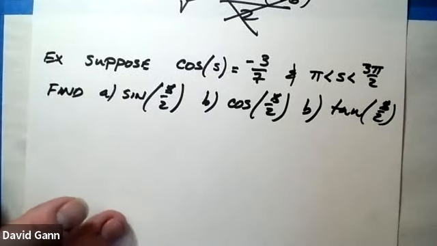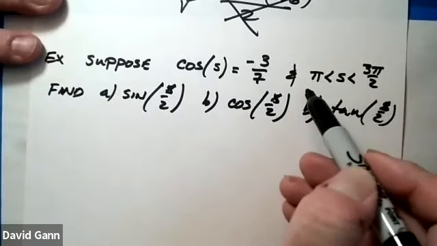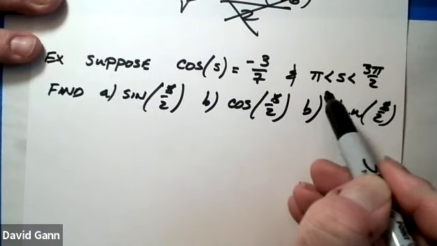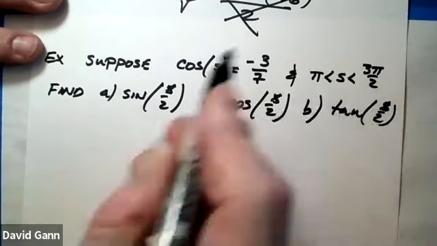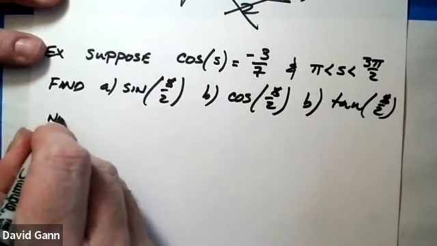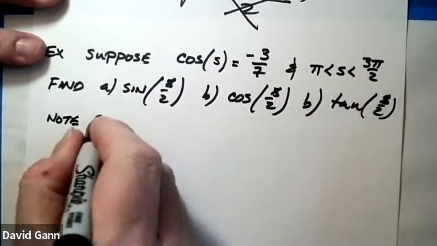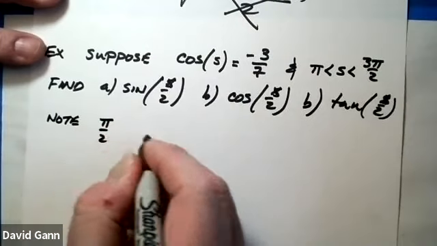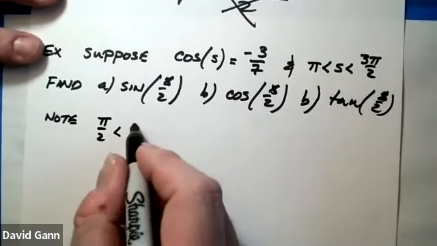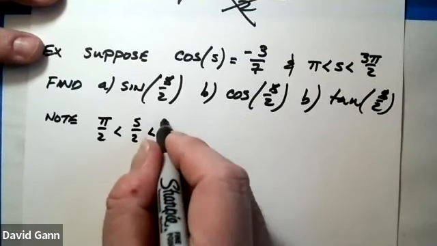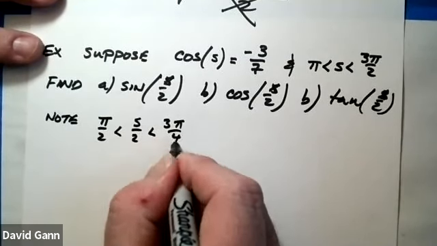Now, the one thing that we want to do is focus on the quadrant of the argument. And specifically, we want to focus on the quadrant of the half angle. So note, I'm just going to divide everything by 2. S over 2 is between pi over 2 and 3 pi over 4.